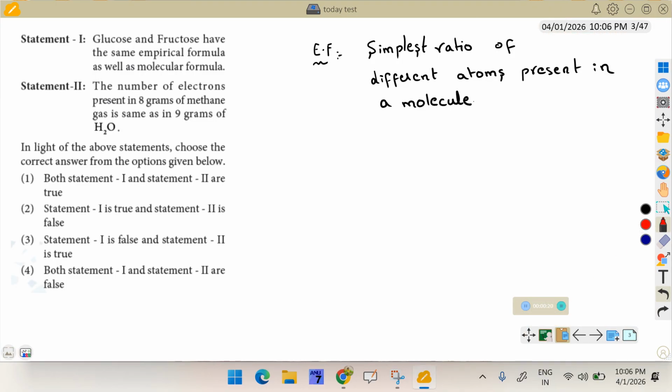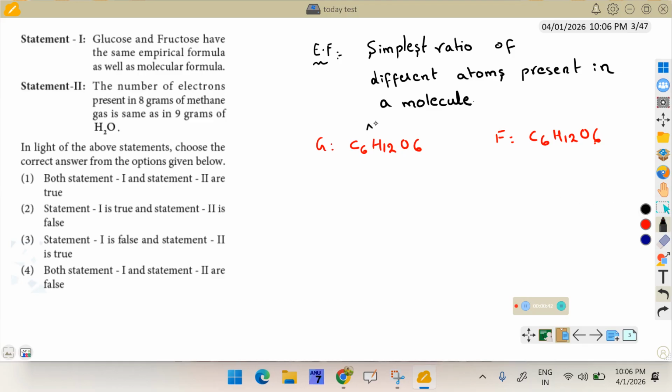Given glucose and fructose have the same empirical formula as well as molecular formula. Glucose molecular formula is C6H12O6. Fructose molecular formula is C6H12O6.